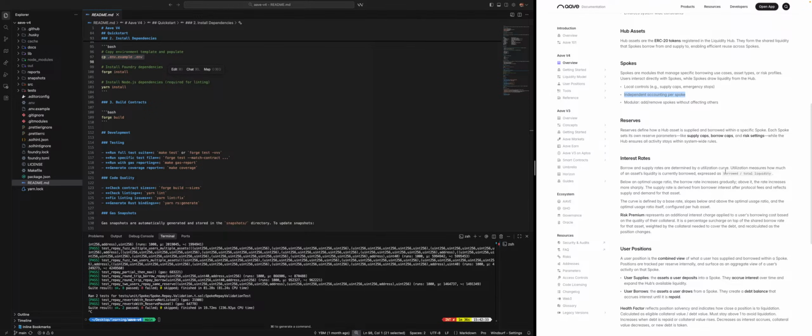So reserves is basically what I said earlier, and each spoke has its own reserve parameters, which we also read through above in the section for spokes. It has parameters like supply caps, how much the user's supply can reach, and borrow caps, how much borrowing is allowed, and risk settings.